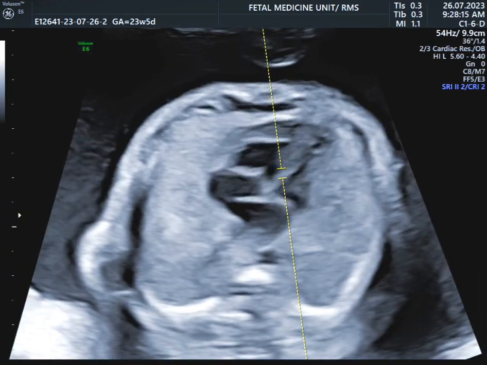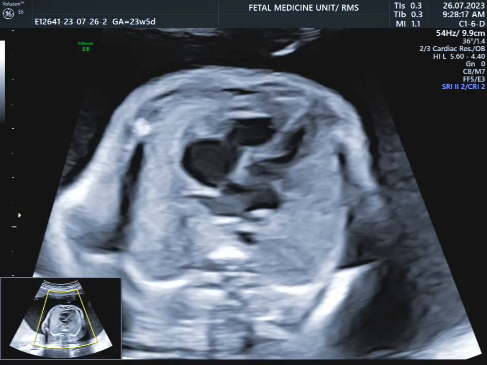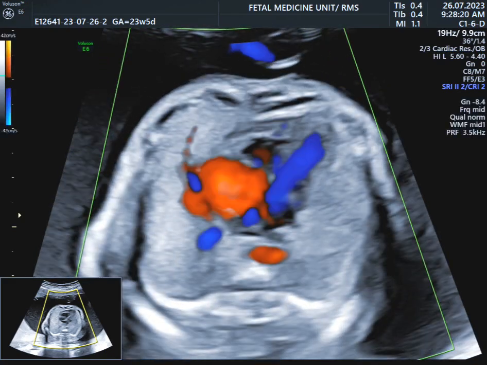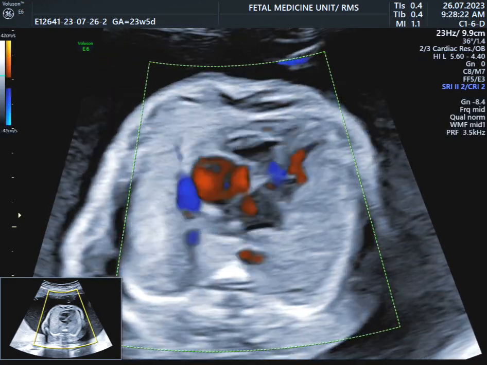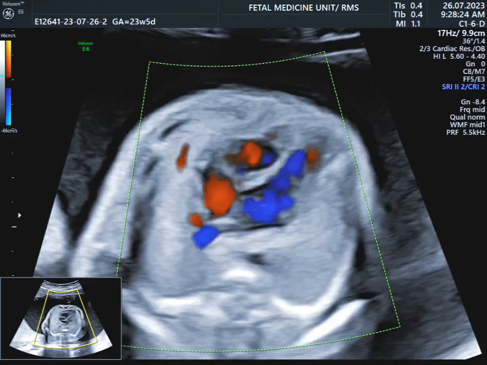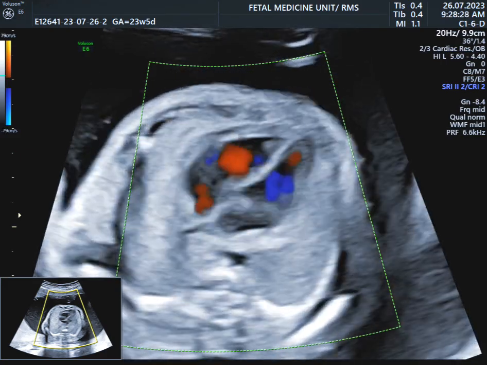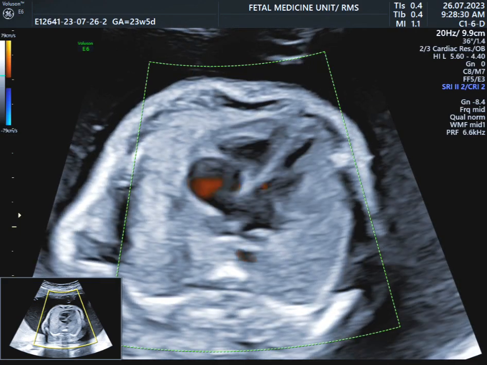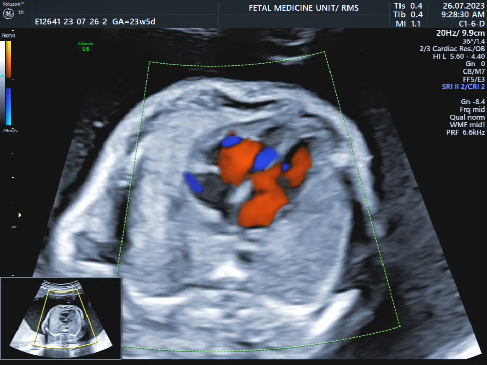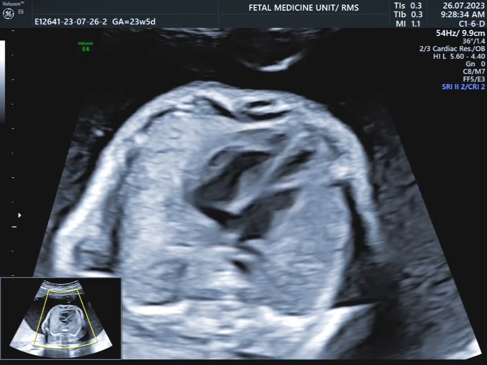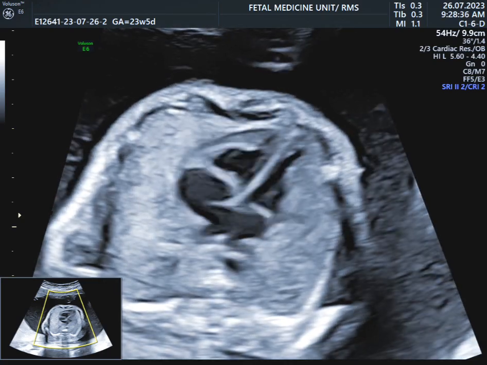We use it in cardiac block or bradycardia. Then we obtain the color Doppler, decrease the PRF, duplicate the screen. As we see, there is no regurgitation. The intraventricular septum is intact.